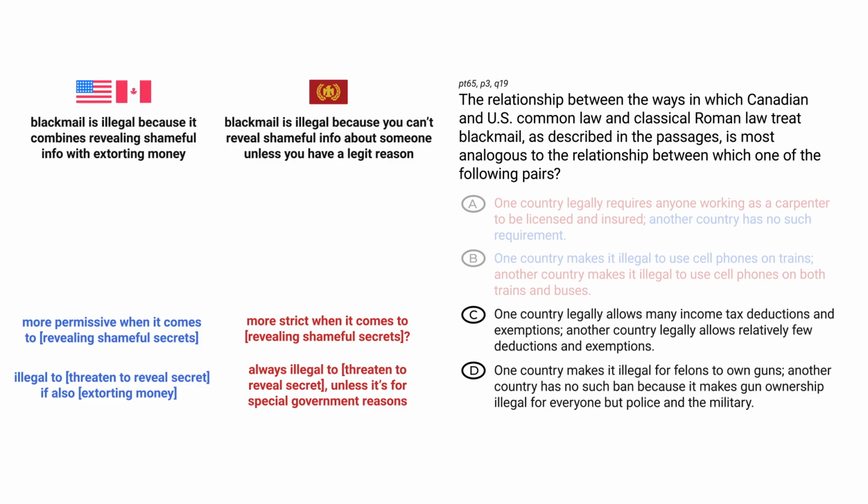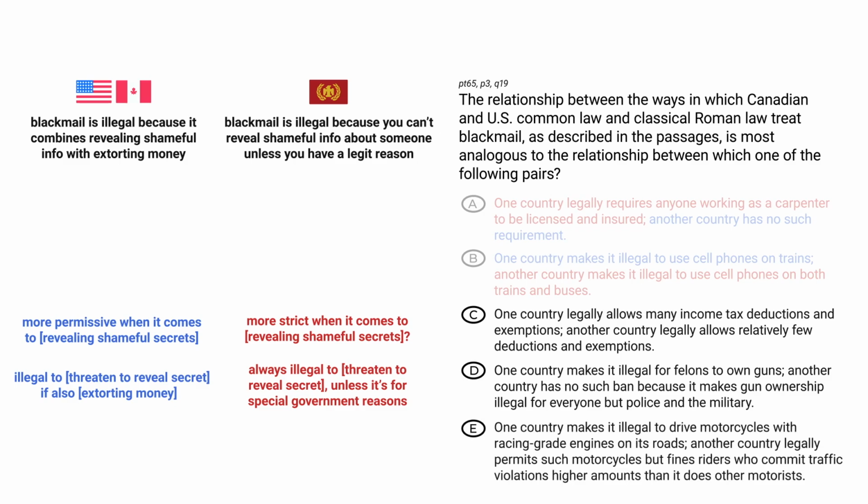We could say that, in Canada and the US, it's illegal to combine threatening to reveal someone's secret with the idea of charging them money. So I guess the charging money would be like that special category of a felon owning a gun. Whereas in Rome, you don't need a special category. They have no such ban because it's already illegal to threaten to reveal someone's secret unless you're doing it for the government. Let's keep that one around.